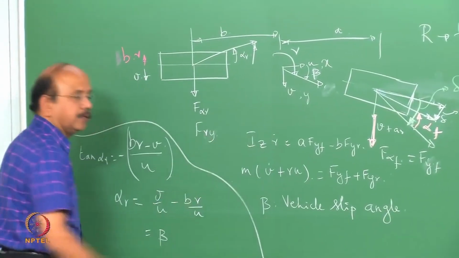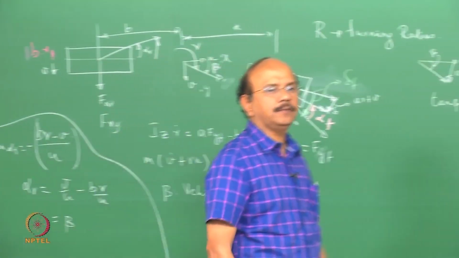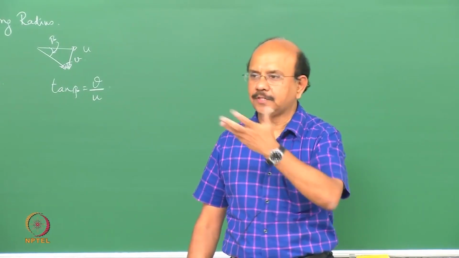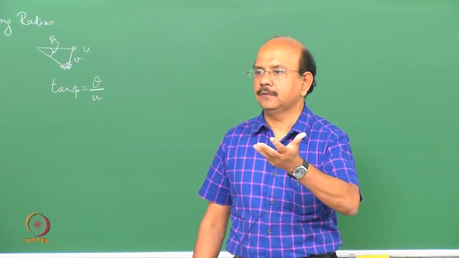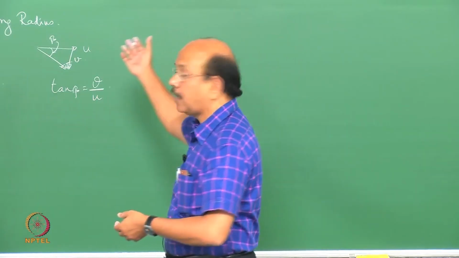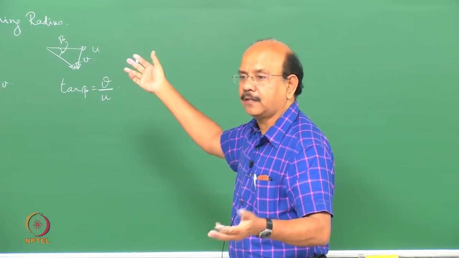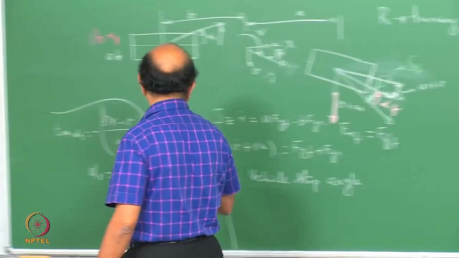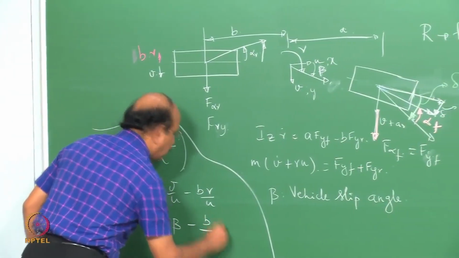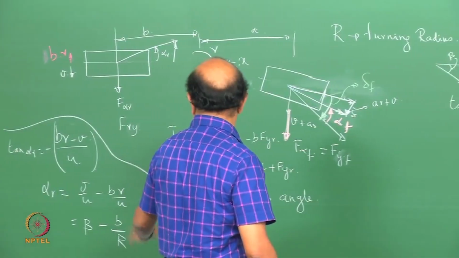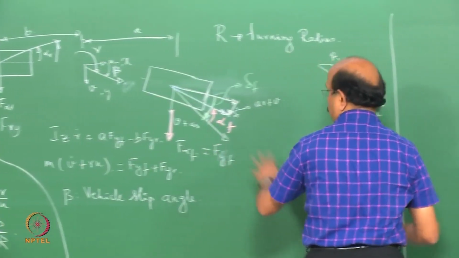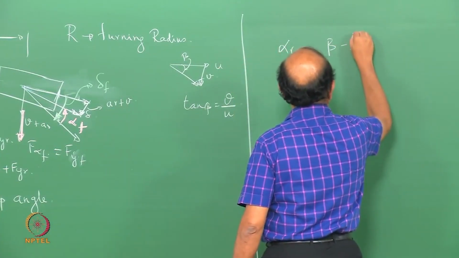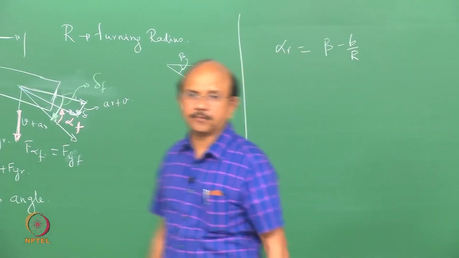Now, how do I write the second expression? r is like omega, u is the tangential velocity, so that is equal to omega into R, R into r is equal to u, so r by u is equal to 1 by R. So that's equal to minus b by R. So the first expression of interest to us: alpha R is equal to beta minus b by R. That's my first expression.